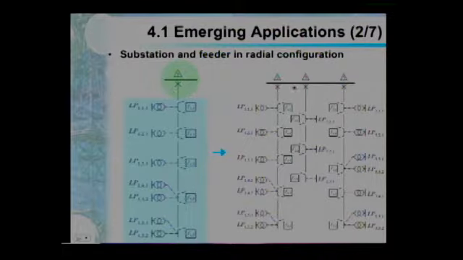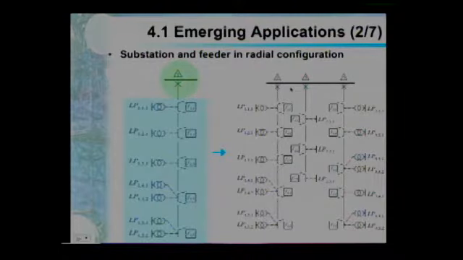You might have systems where the substation, which is this thick line, has 3 or 6 or even 10 feeders. It depends. But these feeders typically have a radial configuration. Radial in the sense that you start at the substation and then everything flows downstream to the load points.